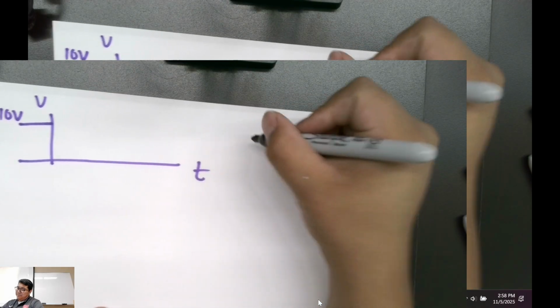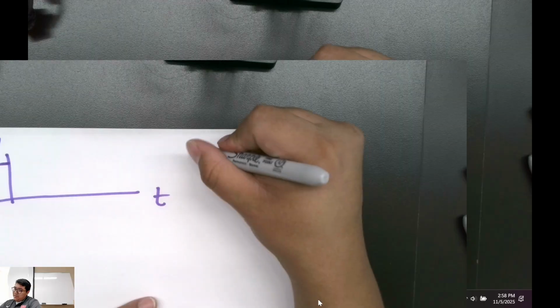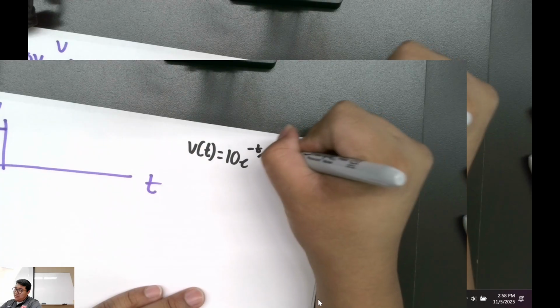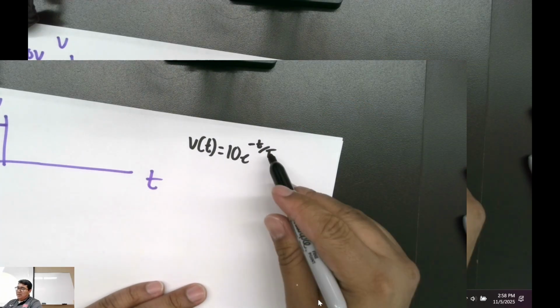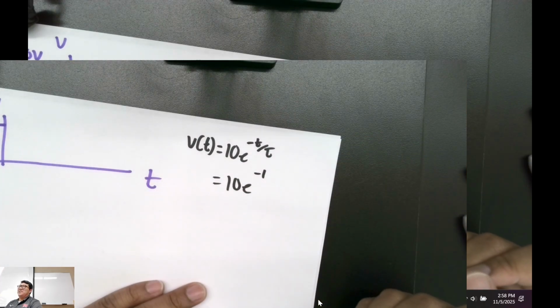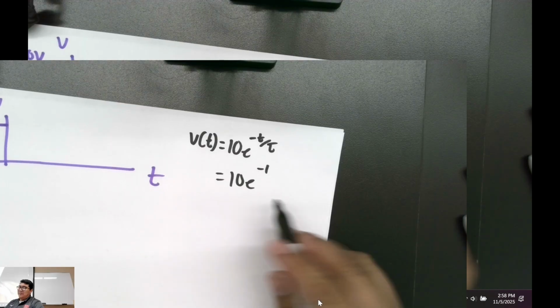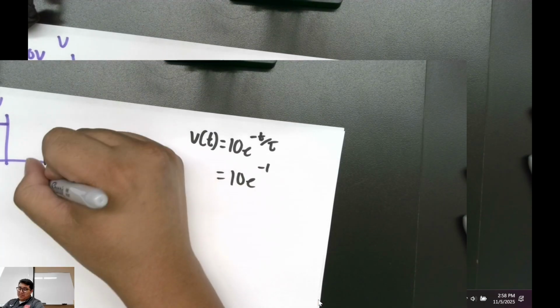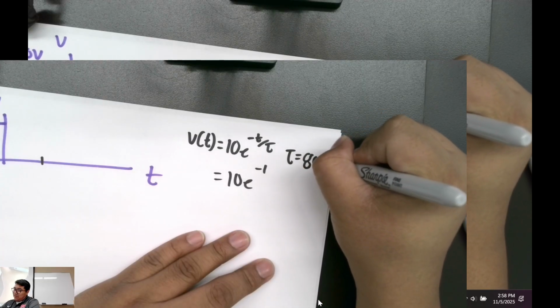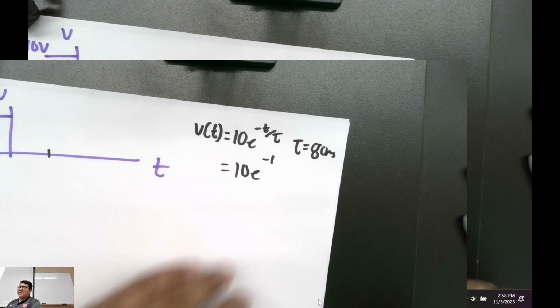Here's V of t is equal to 10 e to the minus t over tau, right? But I want to do 10 e to the minus 1, correct? Is that good with everybody? I'm going to call this one where tau is equal to 80 milliseconds. Is that good?